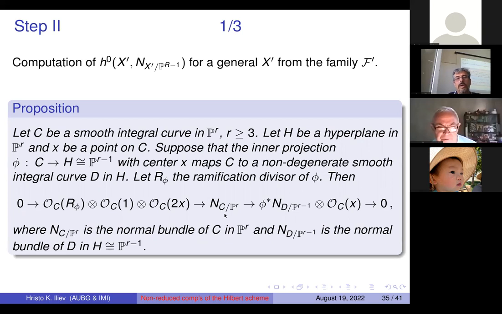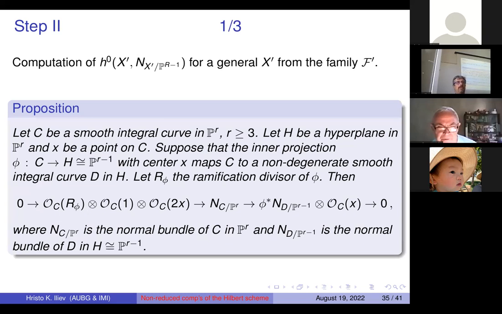So what I have in the exact sequence are the normal bundle of the curve C, and also pullback of the normal bundle of the base curve twisted with the point X here. Then I have one more term here in the beginning that has to do with the ramification divisor and also twist by hyperplane section here.